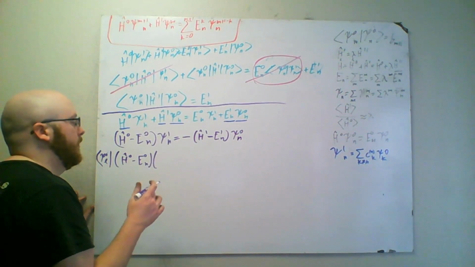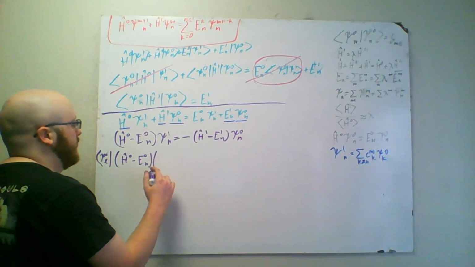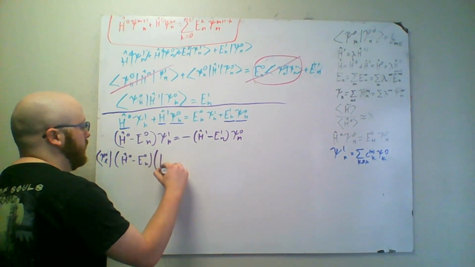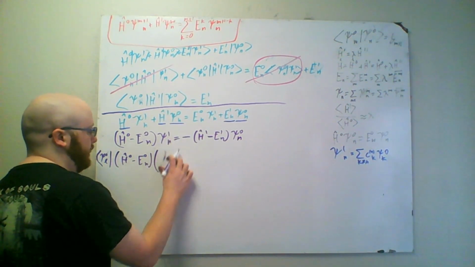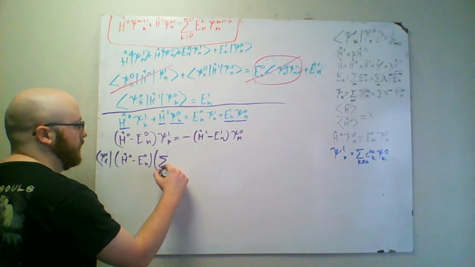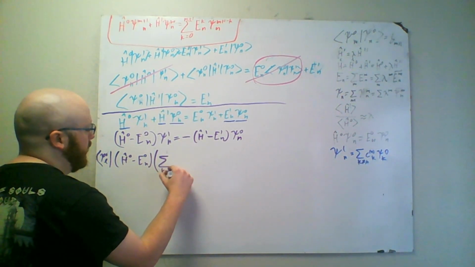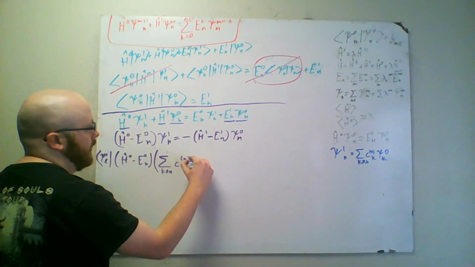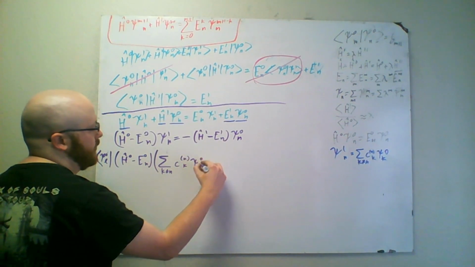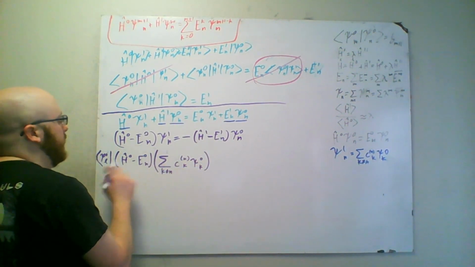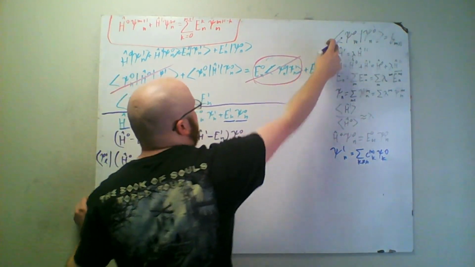It's not one of the quantum numbers. It's just an index. psi 0, 0 applied to the sum. This sum's going to disappear in a second, so who cares? K not equal to n, C K psi K. As you can see, this will only exist for L equals K because of orthonormality.